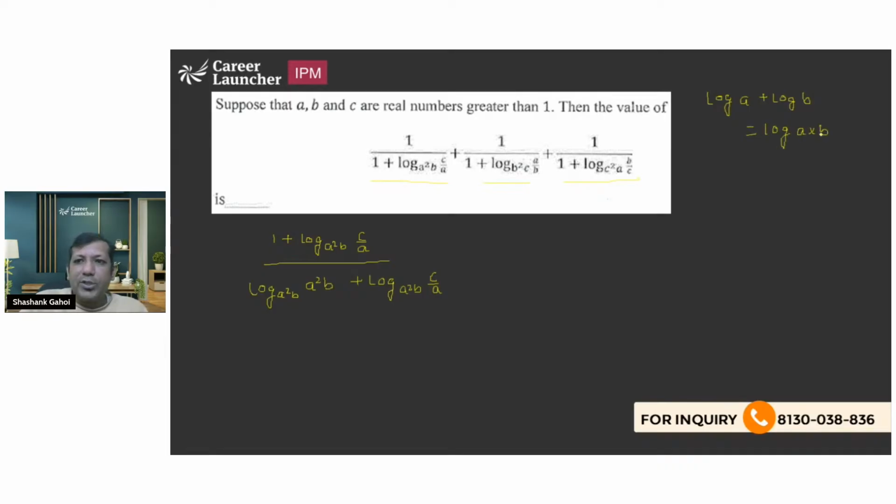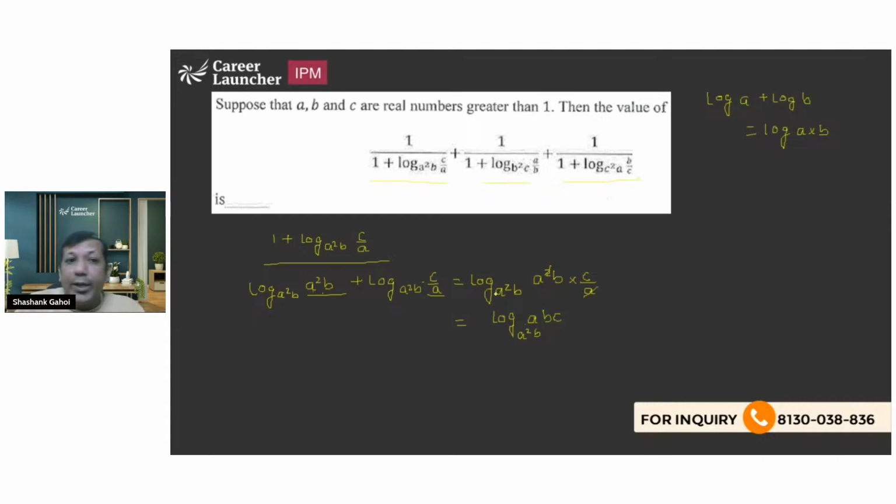So these two numbers are multiplied: a square b into c upon a. The a cancels out, and finally we get log of abc, base a square b.